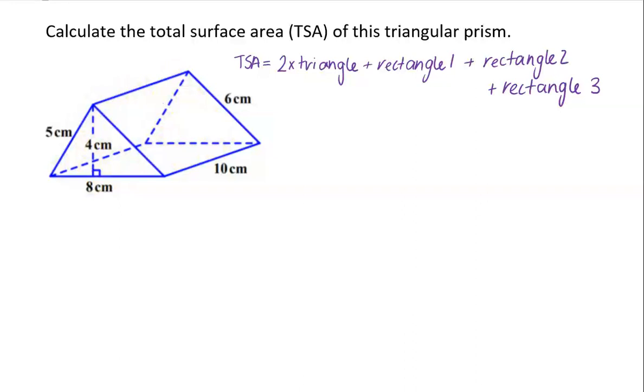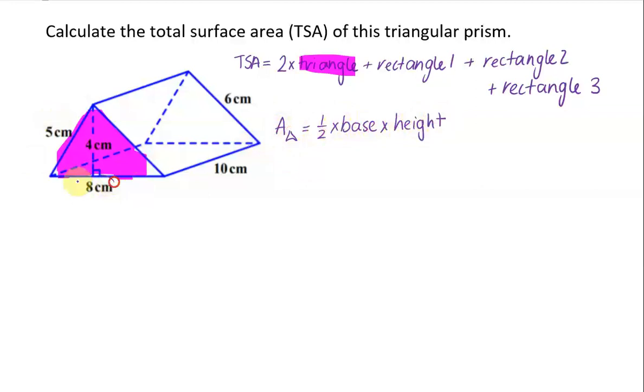So let's start by calculating the area of the triangle. We'll do this in purple, and I'll highlight the triangle so we know which shape we're calculating. You'll remember that the area of a triangle is equal to half times the base of the triangle times the height of the triangle.